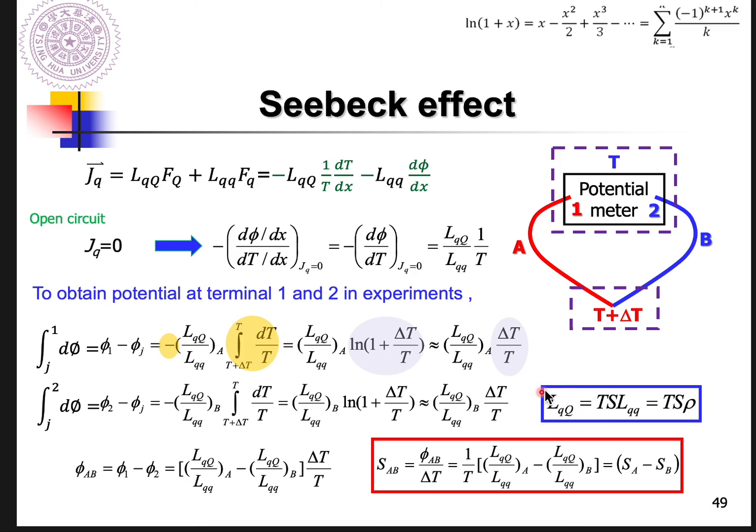And this coupling coefficient will vary with temperature, Seebeck coefficient, and also the electrical conductivity. Okay, but in this case it's an open circuit, so we get this result, right?